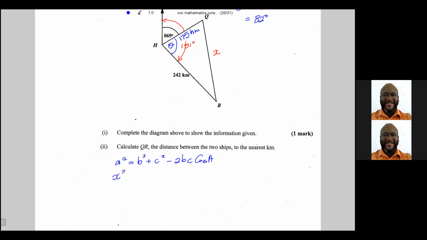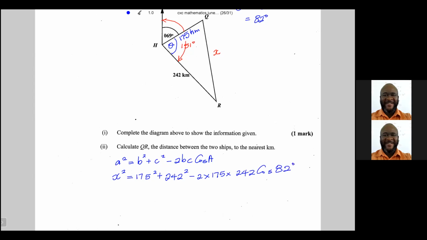So this is x squared. B and C are the other two sides. So this is 175 squared plus 242 squared minus 2 times 175 times 242, the cosine of the angle between them, which is 82 degrees.